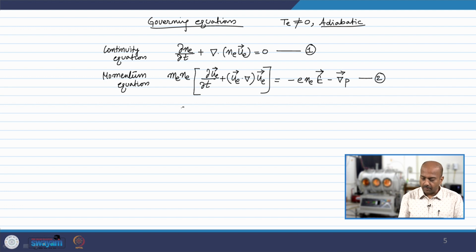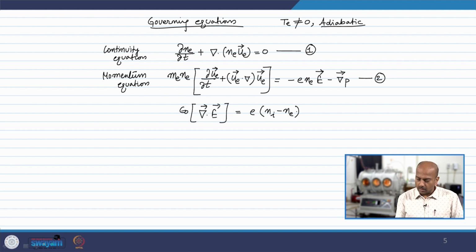Right. Then we have the displacement of electrons will lead to the creation of localized electric fields. So, del dot E is e times Ni minus Ne. Let us say we call it as 3, and this equation is the Poisson's equation. Right.